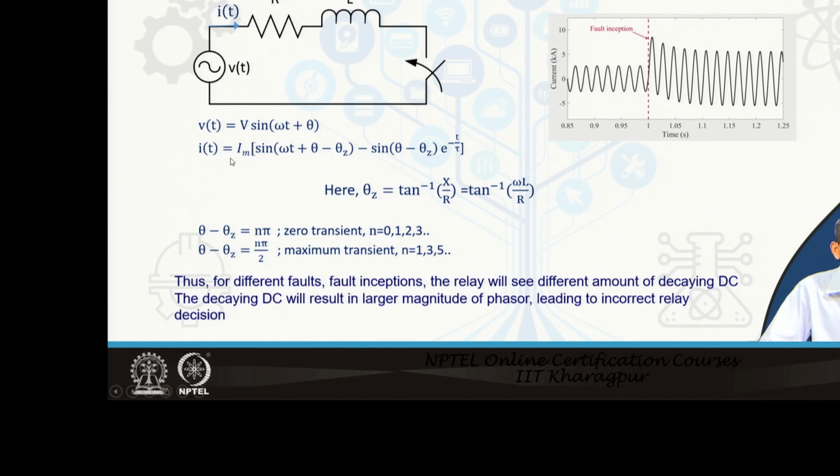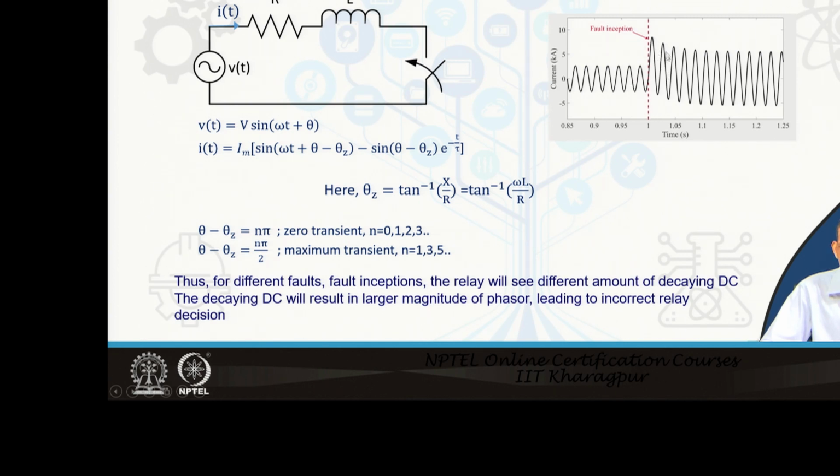So, we see that for a sinusoidal voltage signal, if a fault happens, the current is expected to have a sinusoidal plus decaying DC part. This is a typical signal: this is the pre-fault current, and the fault is incepted at 1 second in this case.